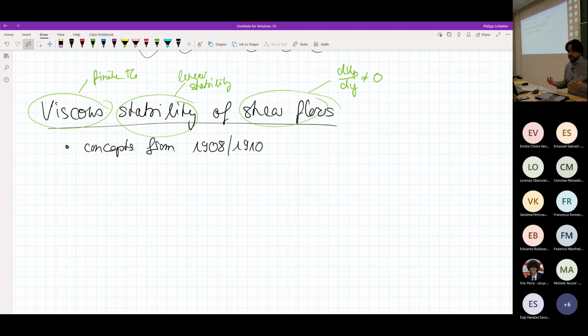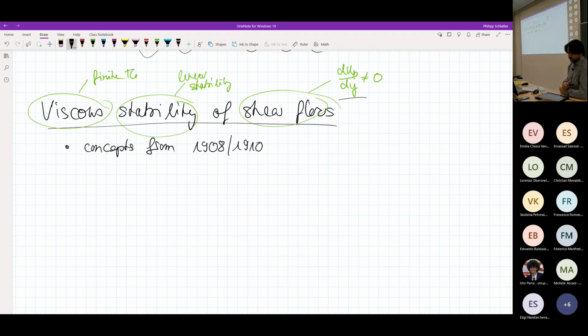Stability, in the notation of today, means linear stability, so you would like to look at something that is linearized. And shear flows means that the base flow has a certain derivative, or has changes in at least one direction. So there is shearing action going on, which will be the main driver of our instabilities.